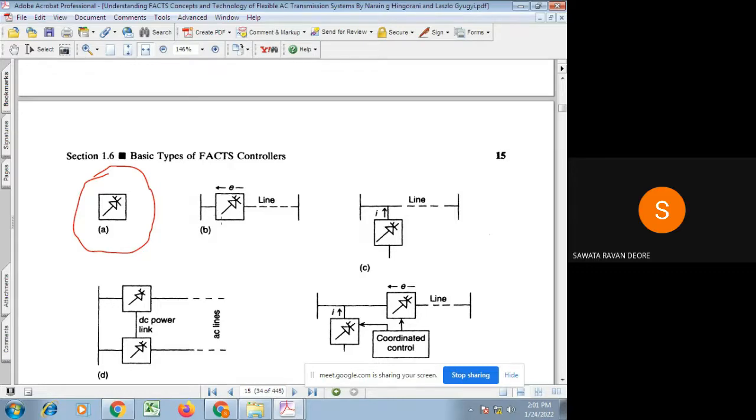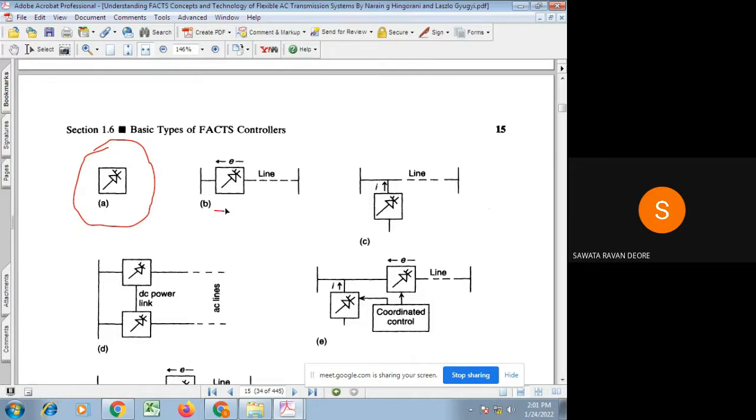This series controller is either a variable impedance, that can be either a capacitor or a reactor, or a voltage source of fundamental frequency or subsynchronous frequency or a harmonic frequency or a combination of that.